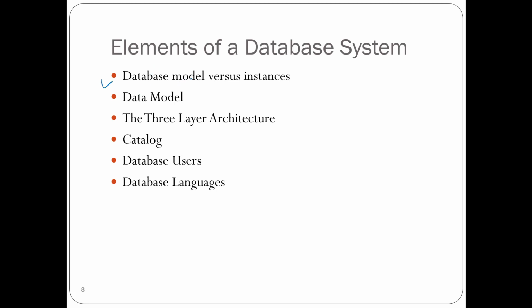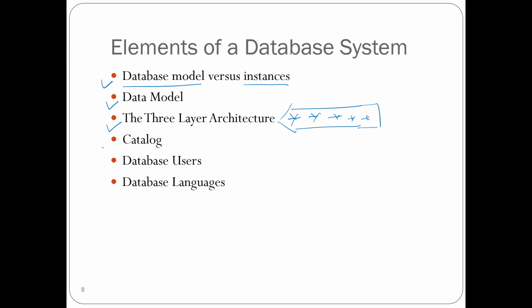The elements of database systems include database model versus instance. This is something we'll have to discuss. We'll have to discuss the data model. We will have to discuss the three-layer architecture. It's a very important concept. And guys, I will be putting stars during my lecture, and the stars mean an important concept.